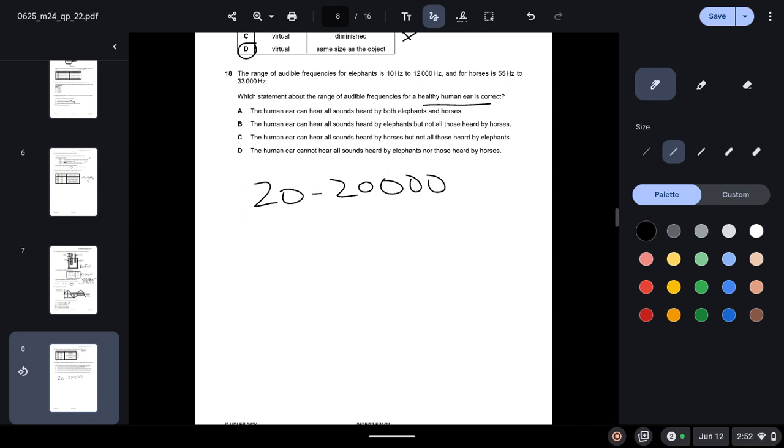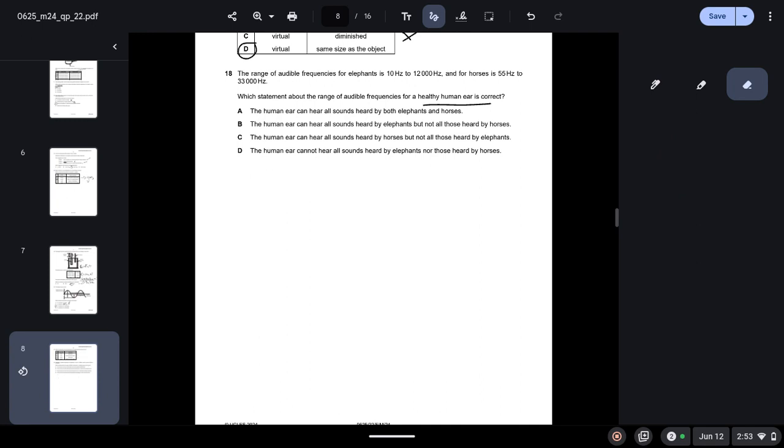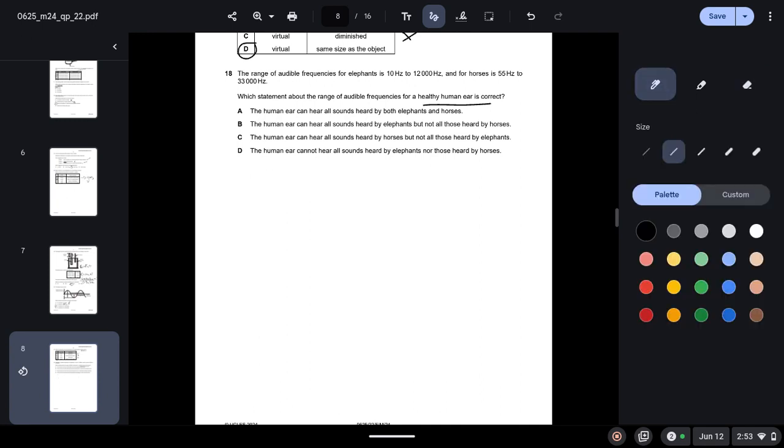And elephants and horses both have ranges which exceed this range. So when you go through the options, you will see that D is correct. The human ear cannot hear all sounds heard by elephants nor those heard by horses, because their range exceeds our range.